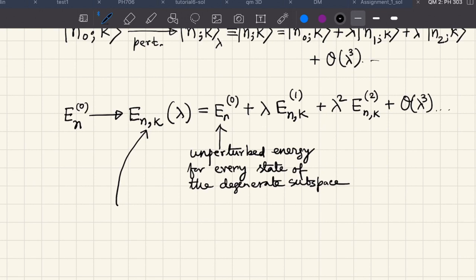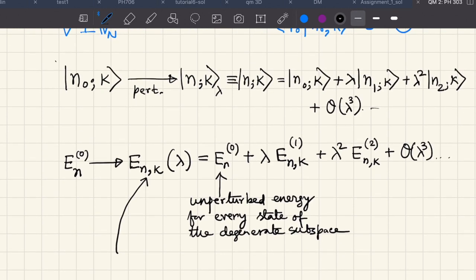If I say only E_n(lambda) instead of E_{n,k}(lambda), I am already kind of making a mistake, because for each value of k, remember, if there are total capital N number of degeneracies, then small k can take values from 1 to N. So let me write here that these equations are holding for values of k running from 1 to N. So it is true for all these capital N number of cases.